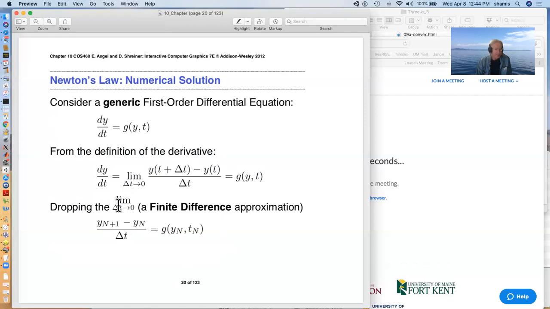And if I drop this limit and just take y at t plus delta t as y at the n plus 1th time step and y at t as the y at the nth time step, then I have a finite difference approximation where the difference between these two solutions over delta t is equal to my function evaluated at the beginning here at y of n and at t of n.